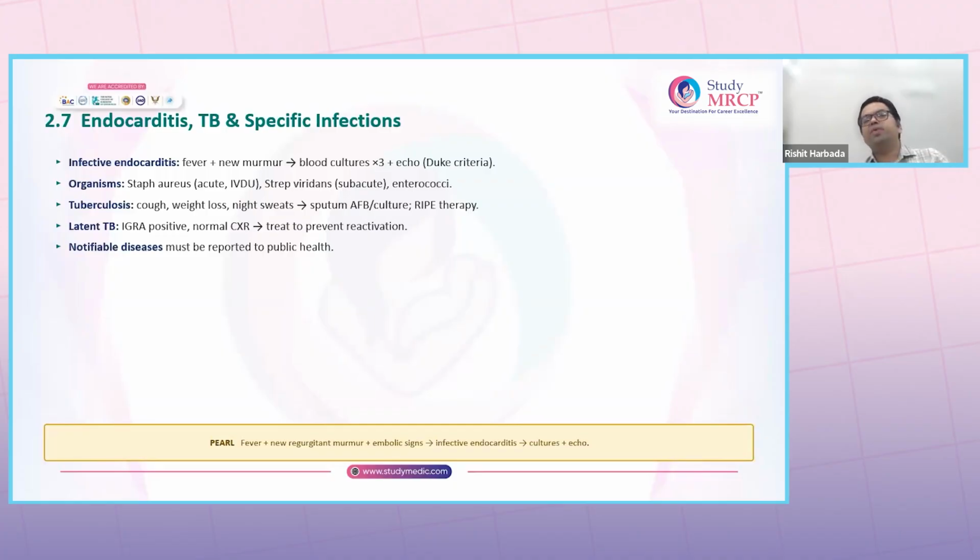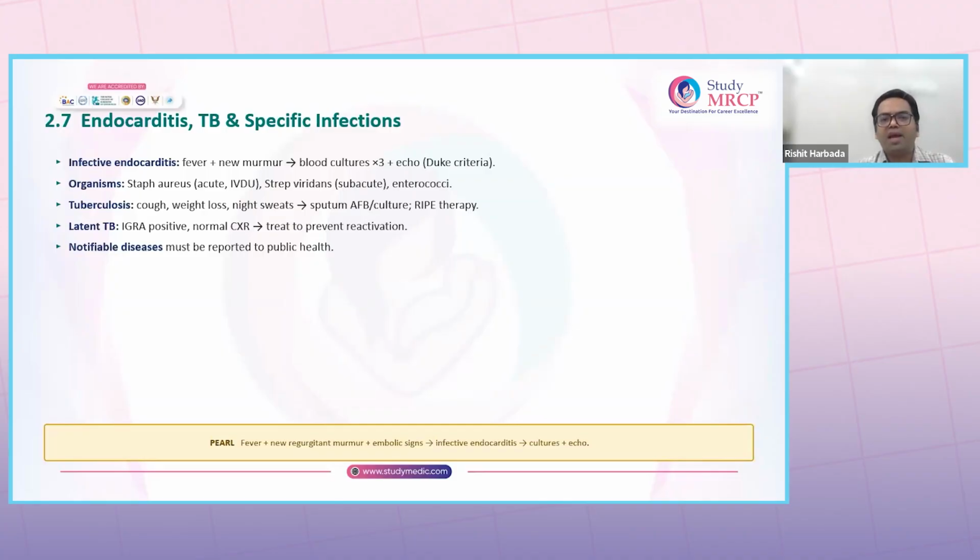If a patient presents with fever and murmur, it is infective endocarditis unless proven otherwise. We always have some risk factors like diabetes, elderly age, poor dental hygiene, prosthetic heart valve, rheumatic heart disease, congenital heart disease, IV drug abuse, etc. These are the patients who will come with infective endocarditis.